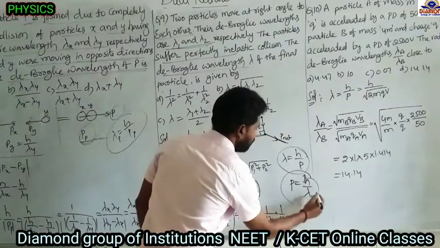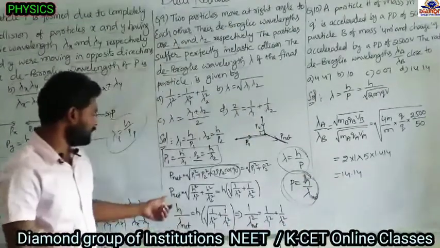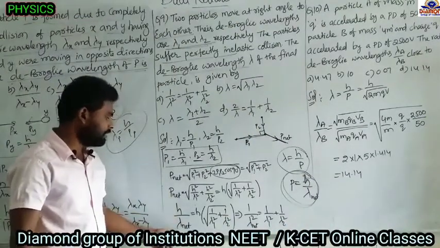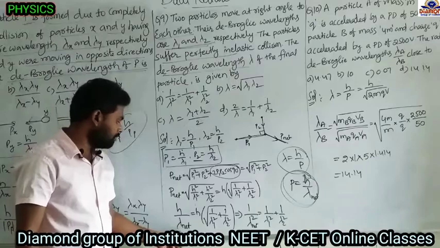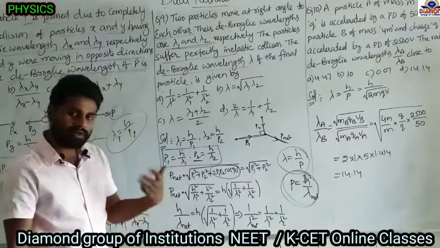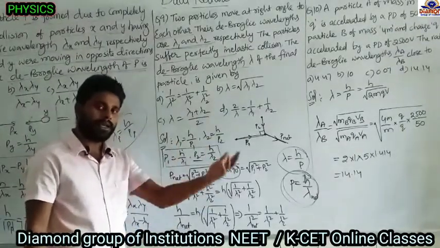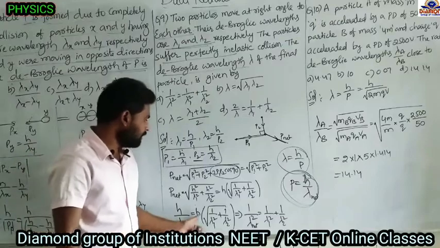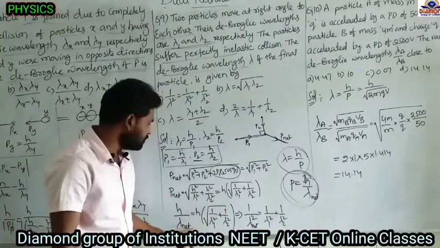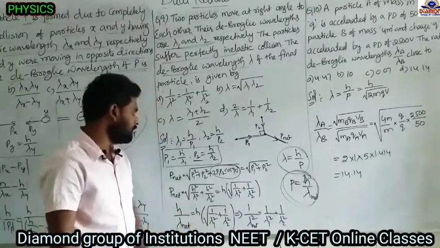This lambda we have to find. So already we found the net momentum equal to h by net lambda. Net wavelength means here the wavelength of the particle after the collision. So we already got this one, h into square root of 1 by lambda 1 square plus 1 by lambda 2 square.